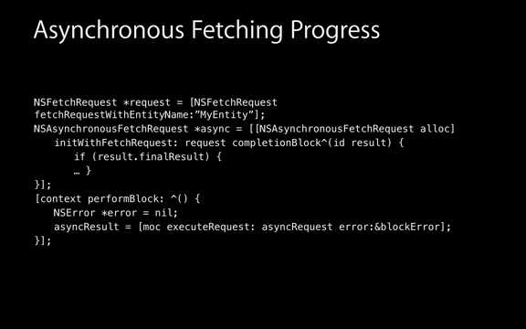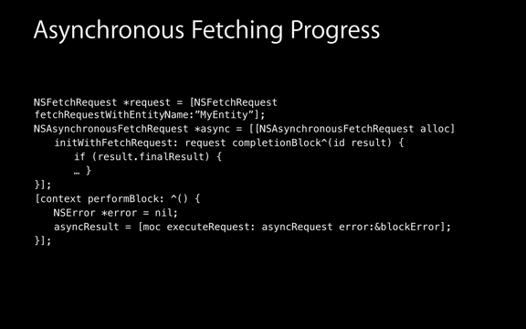How do you set one up? It's pretty simple. Here we're just setting up a fetch request that does a fetch for all instances of my entity. I could, if I wanted to, add a predicate, add sort descriptors. All the usual goodness is fully supported. Create an NSAsynchronousFetchRequest with that fetch request and a completion block. The completion block here just takes an id, but it would normally take an NSAsynchronousFetchResult.